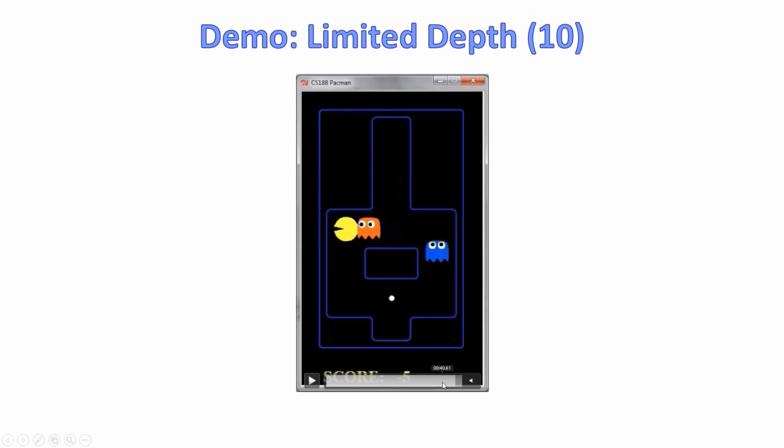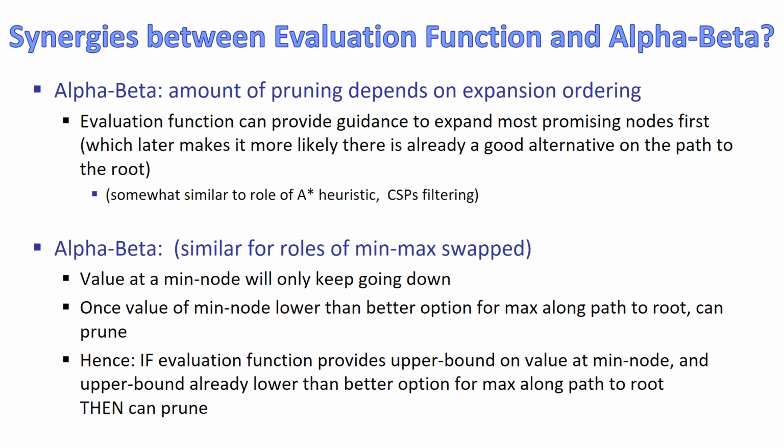So he went up first, and then moved down. And now the other ghost moved down after him. Now it's the turn of Pacman. Now Pacman saw that the ghost is going right. Okay, so he will continue.